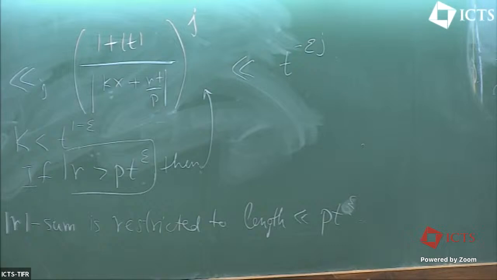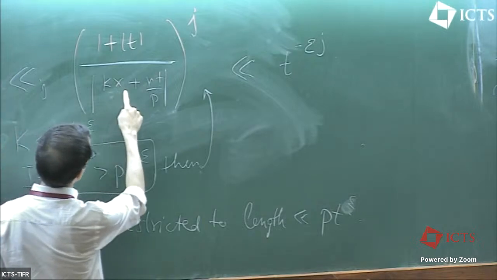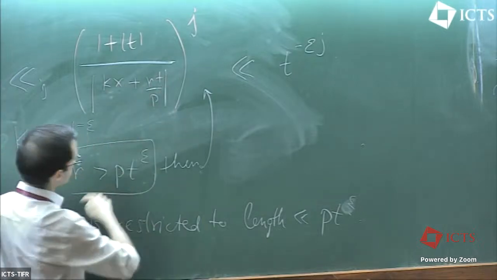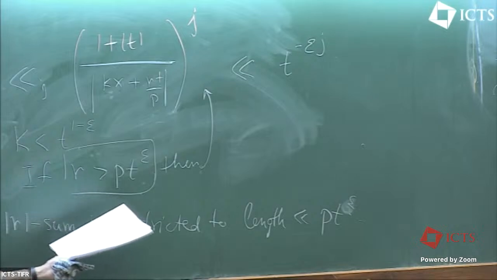Let me just pause here for a bit. The small x is something which is between 1 and 2. K is a parameter less than t to the 1 minus epsilon. P is a parameter that is bigger than t over k. Right now, I have not said how big p can be or how small p can be. It just has a lower bound on it. All right. So we have this.